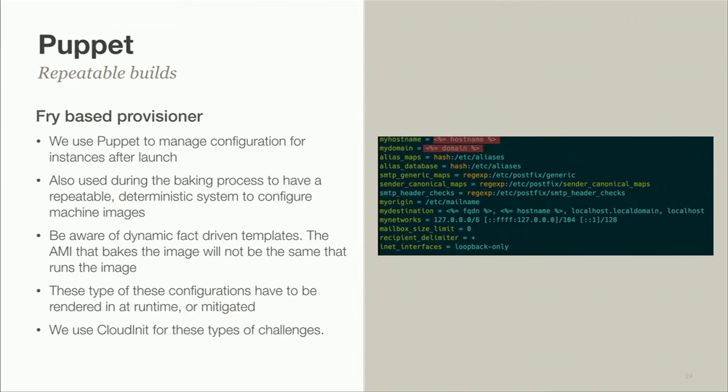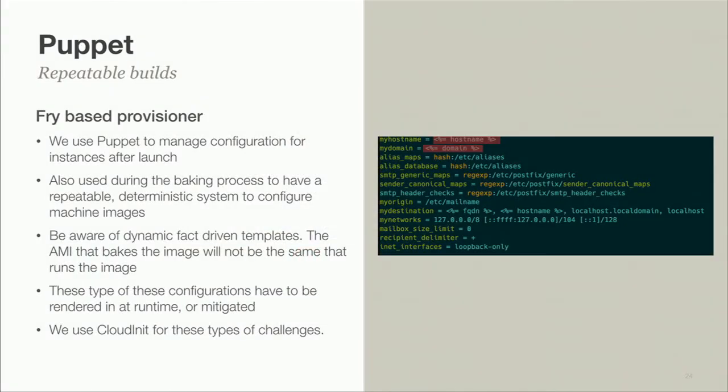So it's going to be false at runtime because it's going to be a different machine. Maybe it's going to be in a different availability zone. One example that we've actually seen is people putting cron entries with random numbers. They want to random splay this from 0 through 1 hour. Well, if they bake that in, then every time they auto-scale their system, everyone's going to run their cron at the exact same time. So there's a kind of caveat emptor: you have to be wary if you're going to bake certain state inside the system.